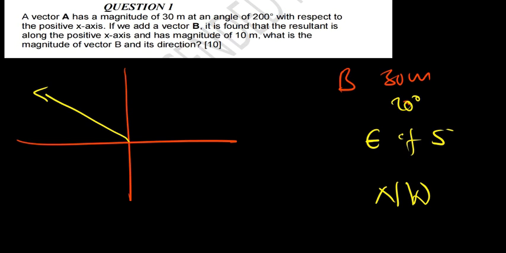Which angle is between north and west? 45. So here is 45, here is 45. So if we say 90, which is here, plus 45, what would be the answer? Isn't it 135?